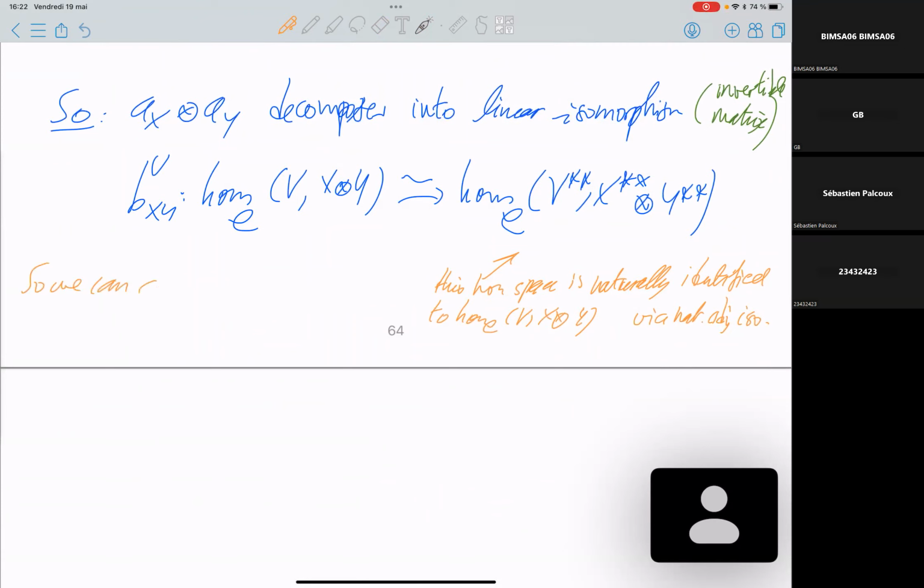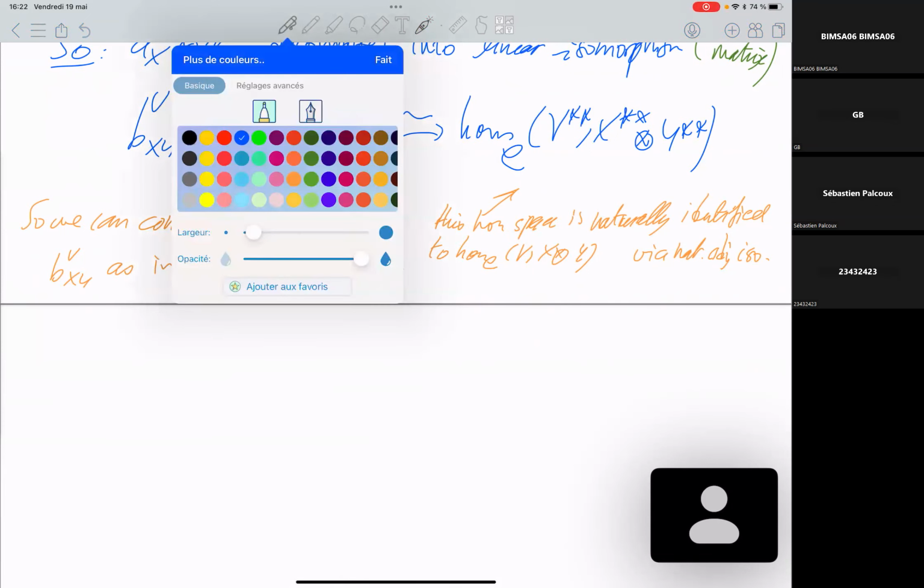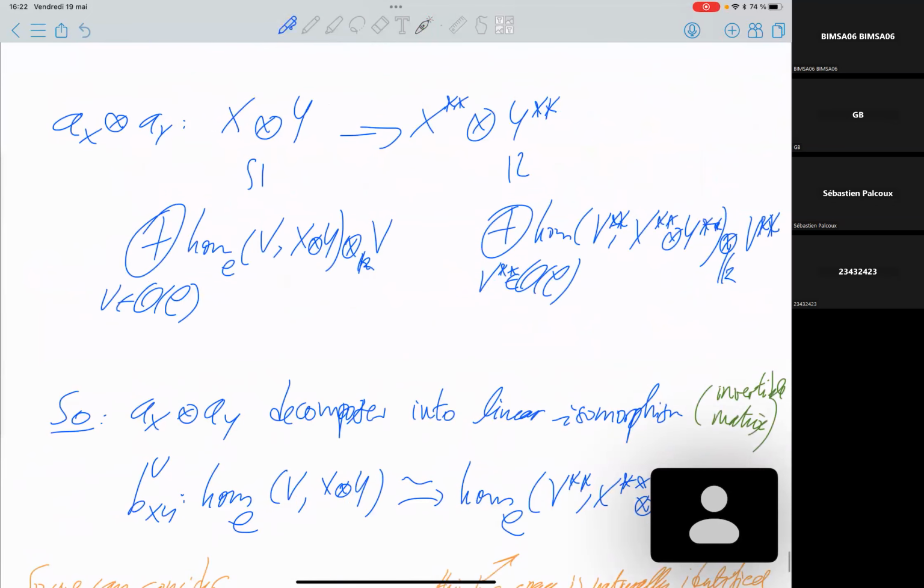So we can consider B_X as in here, due to such identification. Okay, so that's okay. So we have this list of matrices.